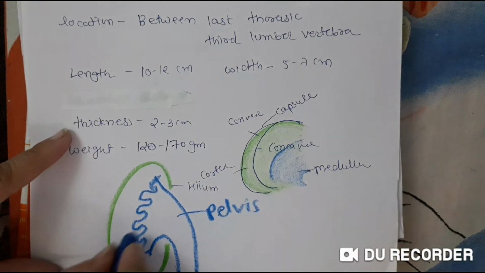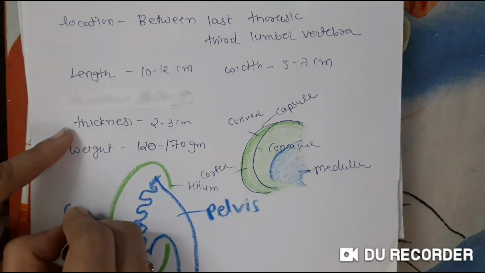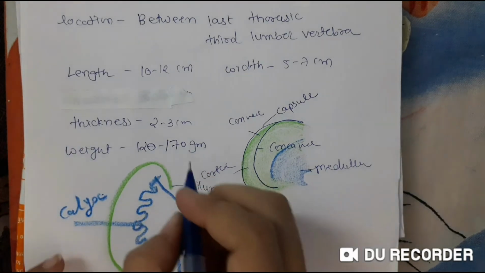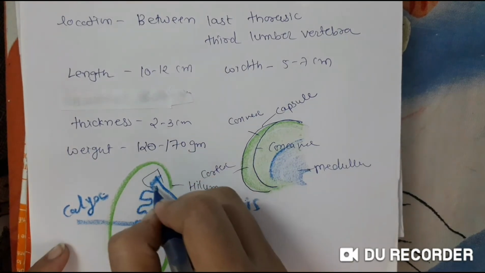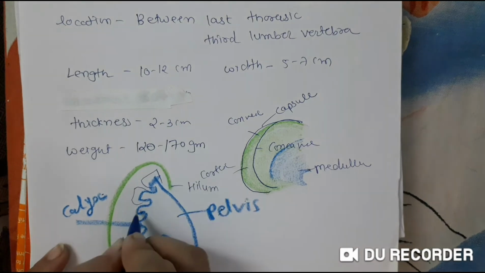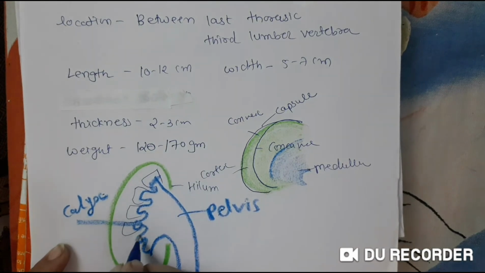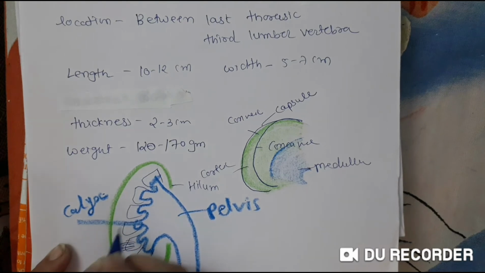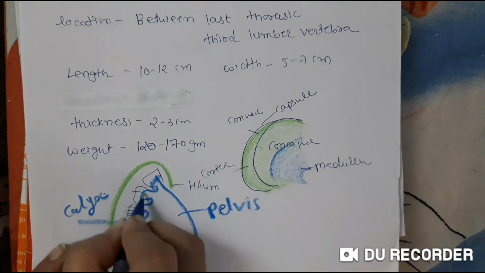These conical projections are called calyx or calyces. Above this projection, masses of cells are located like this. That is called the renal pyramid.